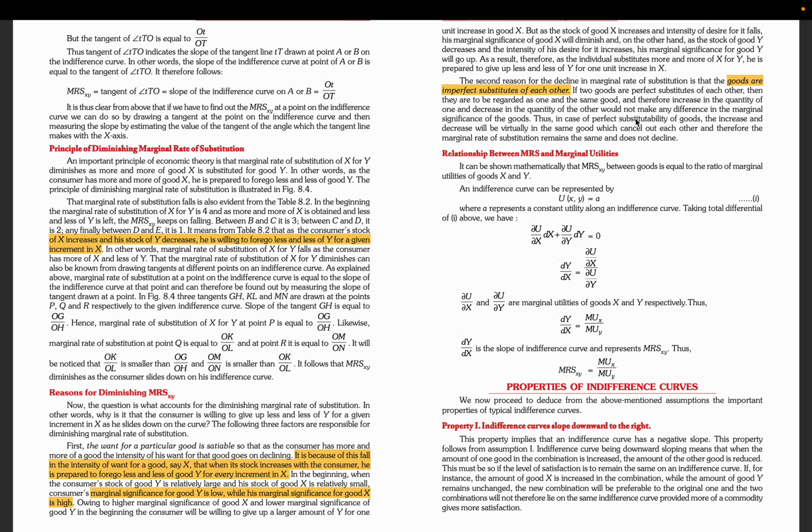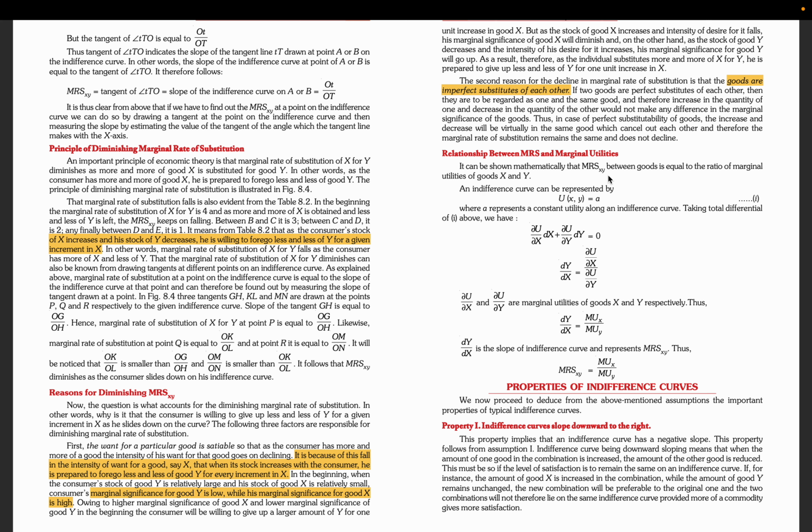Thus, in case of perfect substitutability of goods, the increase and decrease will be virtually in the same good, which cancels out, and therefore the marginal rate of substitution remains the same and does not decline. Again, very intuitive, that the goods have to be imperfect substitutes of each other in order for MRS to be diminishing.